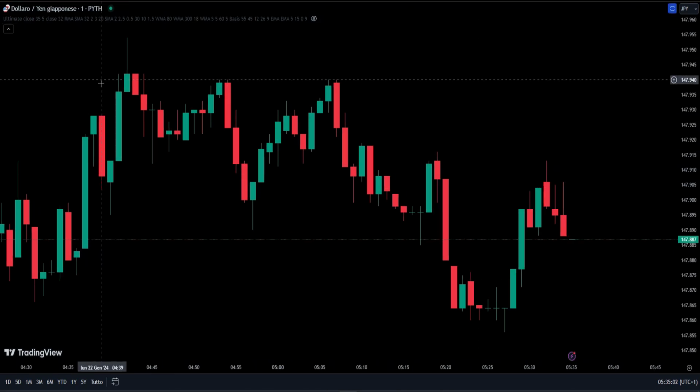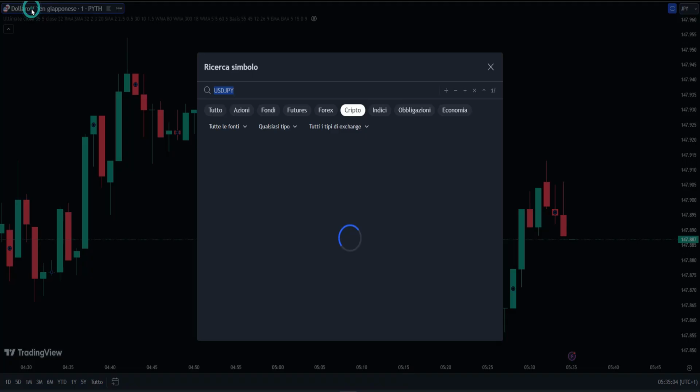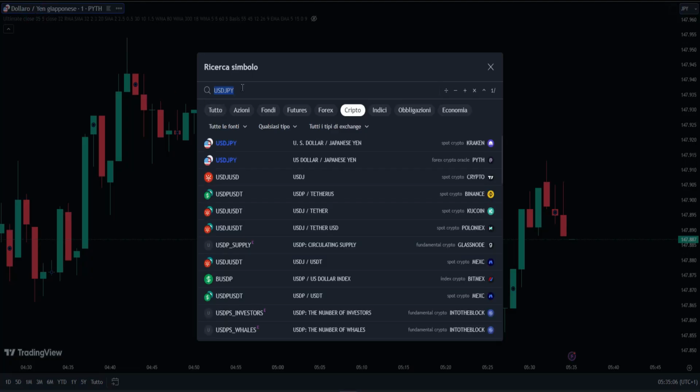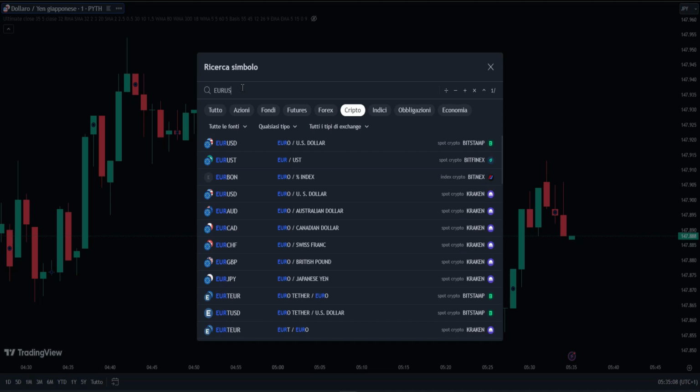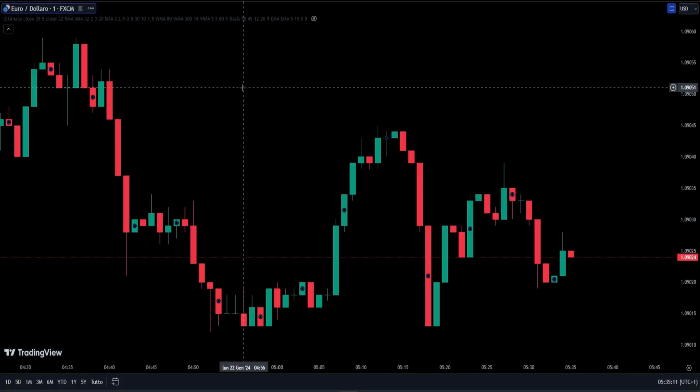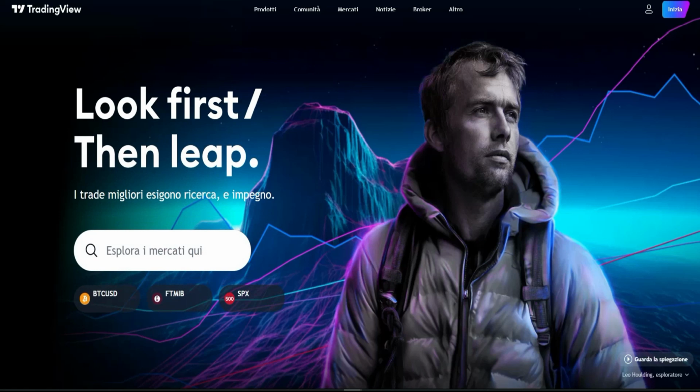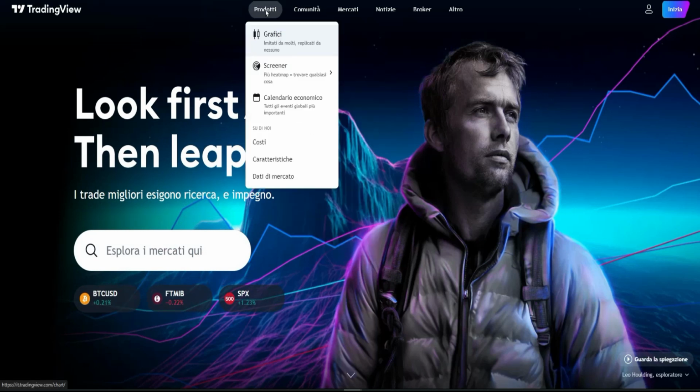We prepare the chart that we use to receive trading signals. We access the TradingView homepage. You can use the link that you see in the description. We click on the menu at the top and choose the Graphics section.